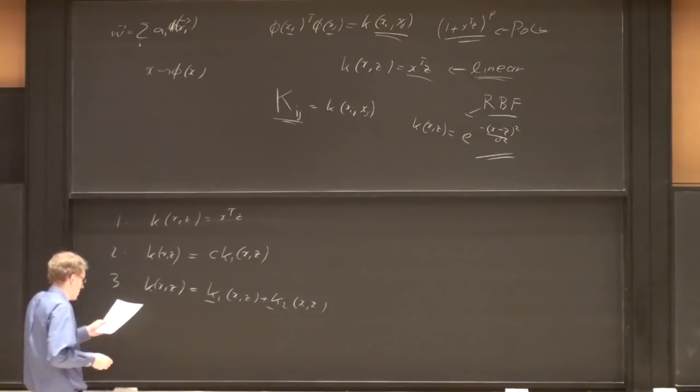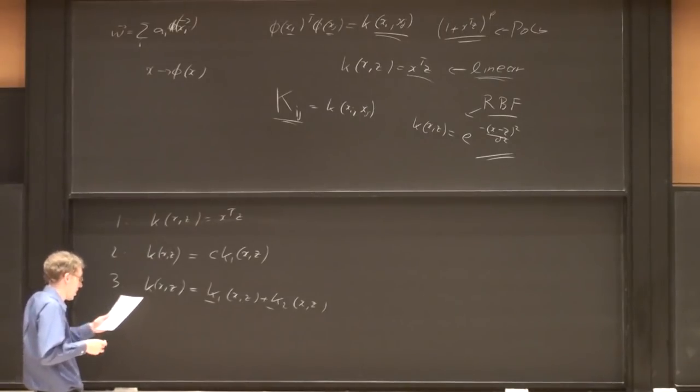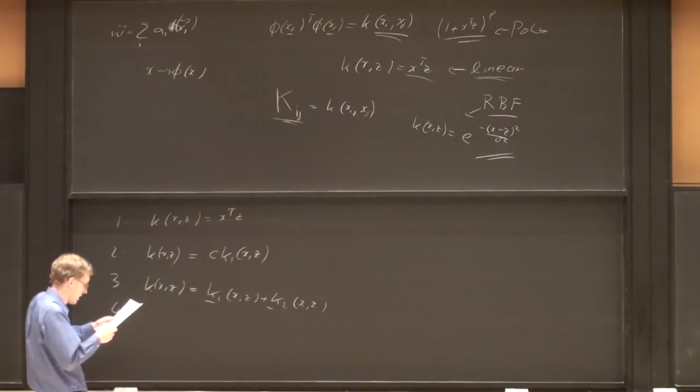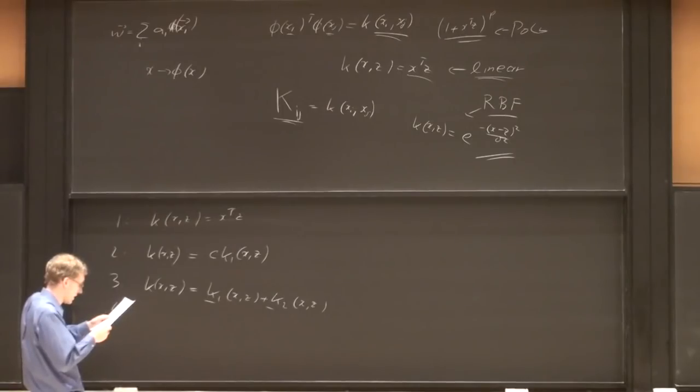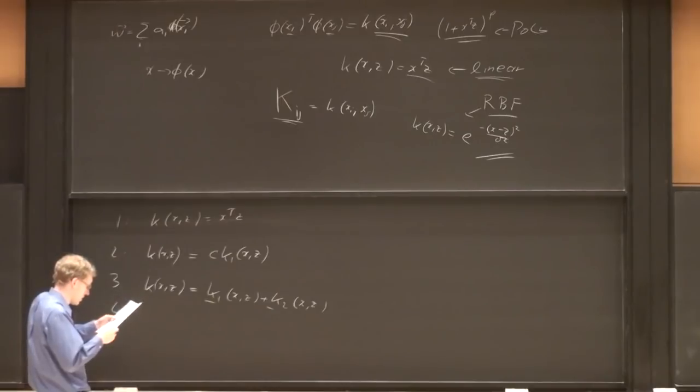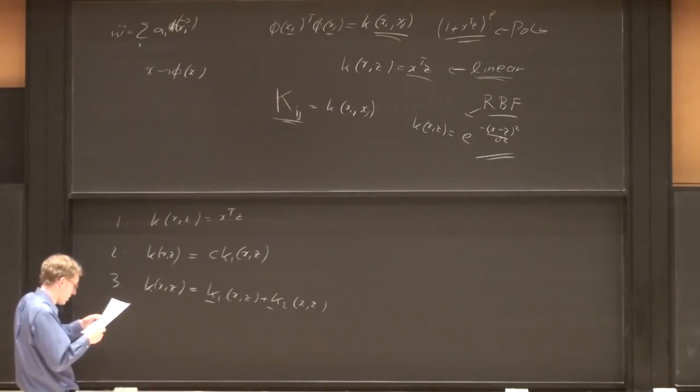Rule 4 is a little more interesting. If you have a function, let me just make sure I defined this correctly here. Sorry, I didn't define it here. So g has to be a polynomial function.